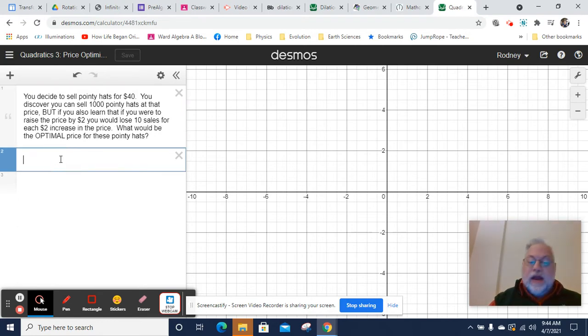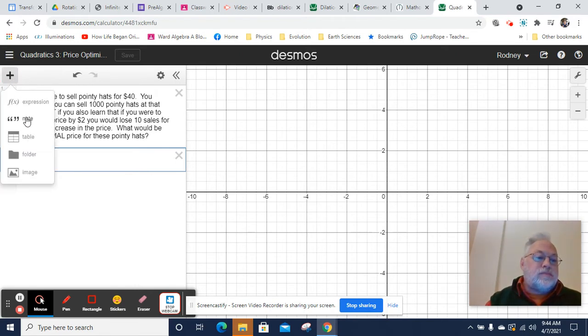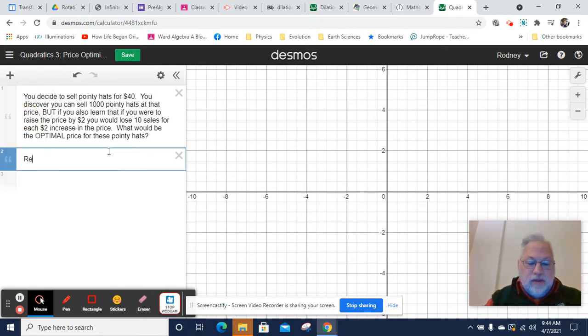We can use quadratics to figure this out. So, if you remember, one way to think of quadratics is as a product of two linear equations. Now, this is a situation that lends itself to a product. So let's start off with a basic product here. We're going to figure out the revenue. And the revenue equation, in this case, is simply revenue equals price times sales.